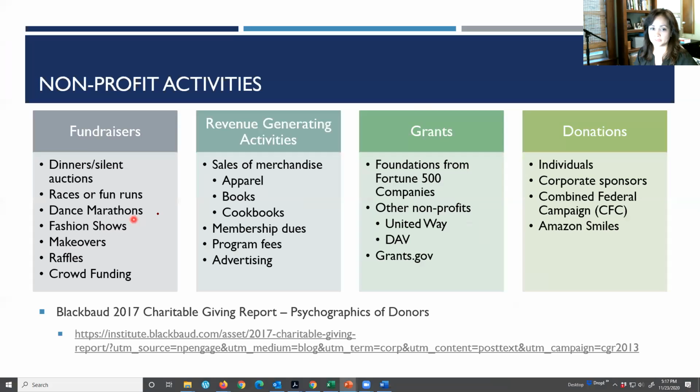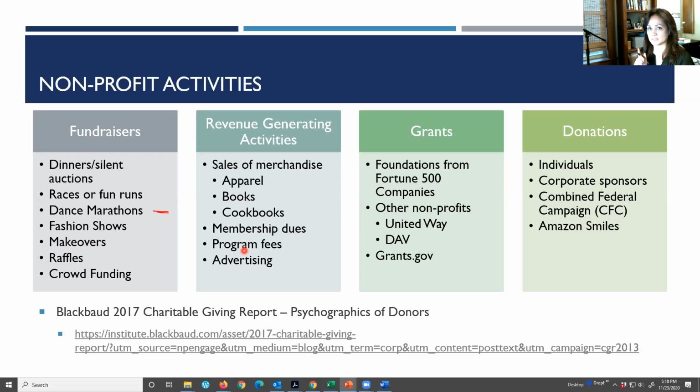One of them, she does dance offs or dance marathons. She is retired military, and her way of dealing with TBI or PTS was through ballroom dancing.